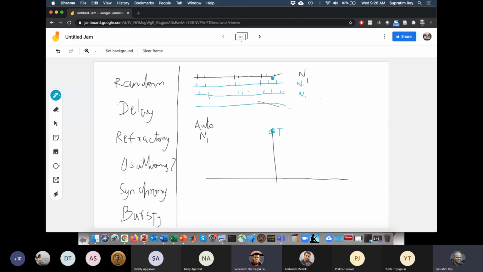Right, but if they are completely Poisson-like, then actually the lag doesn't matter. The only thing that matters is how many spikes you have in general, because that will determine how many ones you have. So if you shift by a little bit, by chance, how many ones will get aligned?